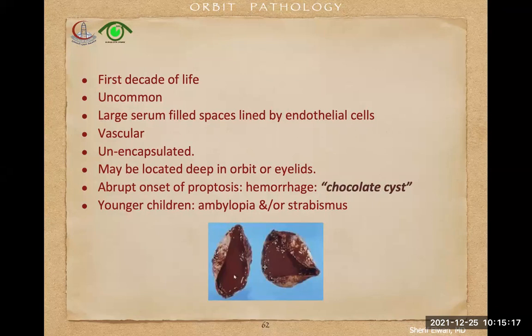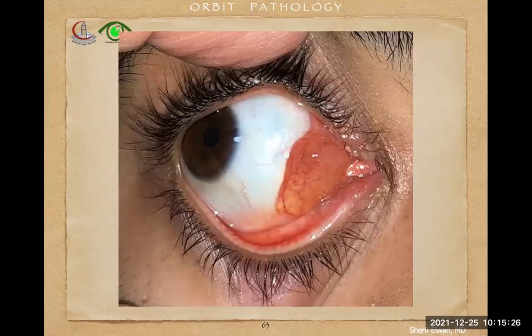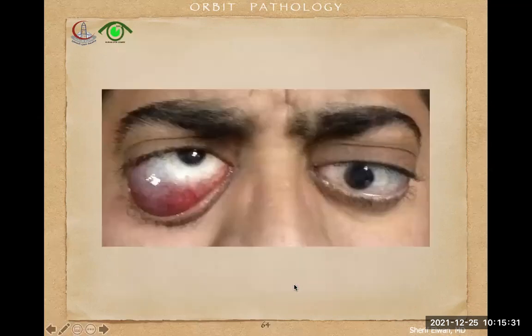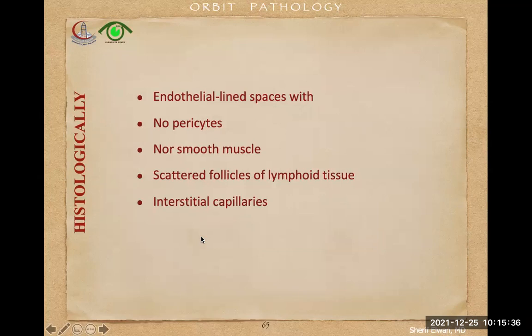In younger children, if it occurs in the eyelid, as we said, just like capillary hemangioma, it may lead to amblyopia and or strabismus. Here it is a big mass filled with serum, no hemorrhage yet. The endothelium-lined spaces have no pericytes. If you search for the blood vessels or the blood spaces in hemangioma, whether capillary or cavernous, you'll find pericytes, which is a character of all blood vessels, not lymphatic vessels.